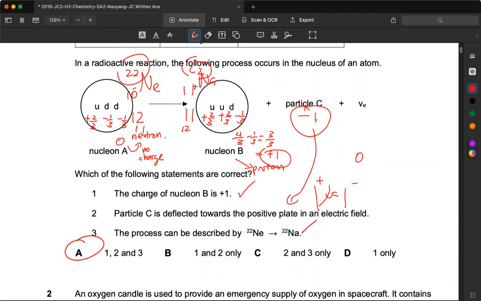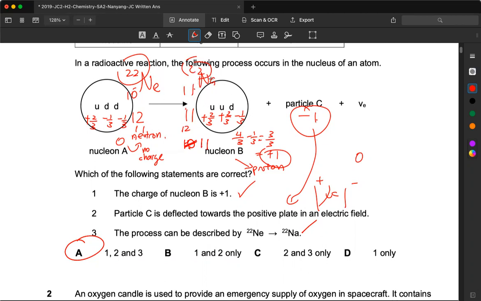In order to maintain this, the neutron number drops to 11, sorry, not 10, 11, after you minus away this.